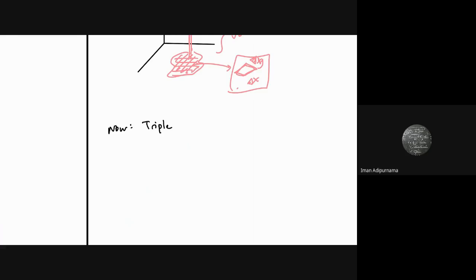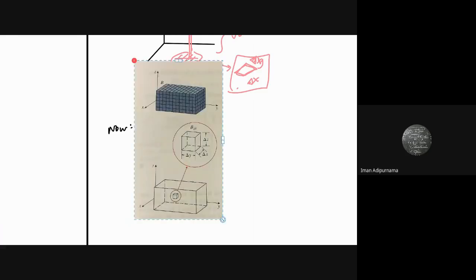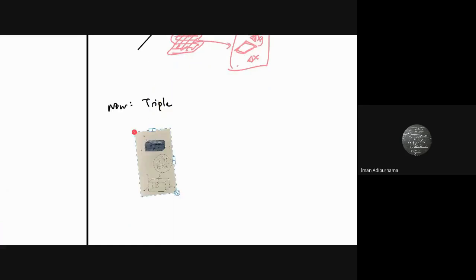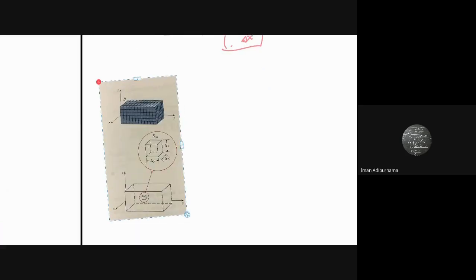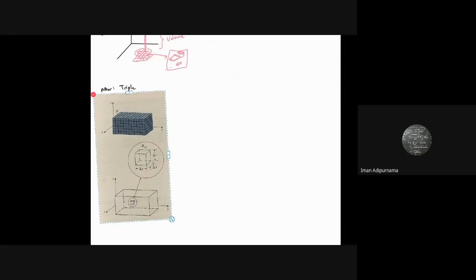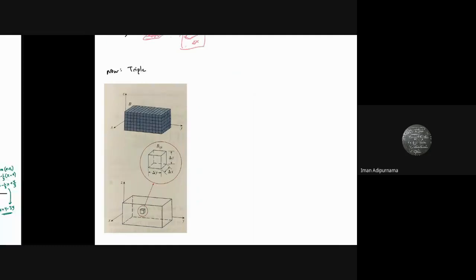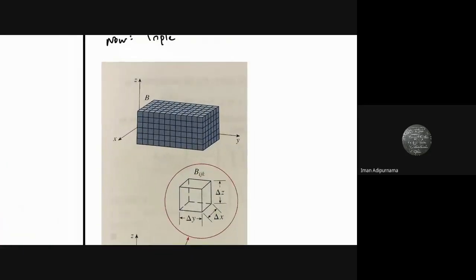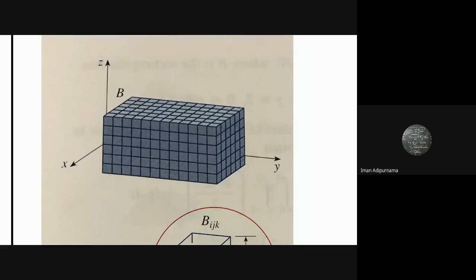If you look at the triple, what you're looking at here is basically, imagine there are building blocks, and you can see in the picture the building blocks were cut into pieces.